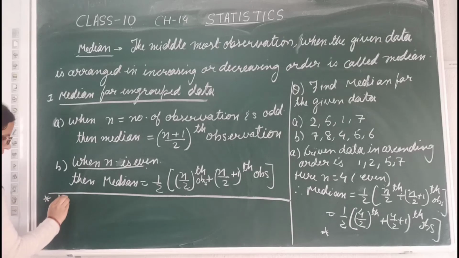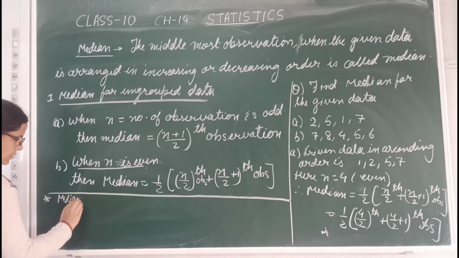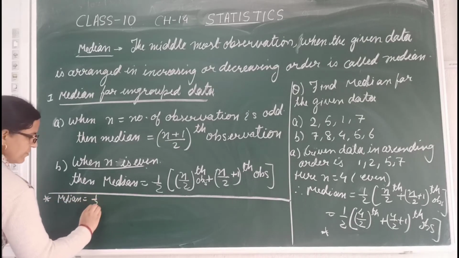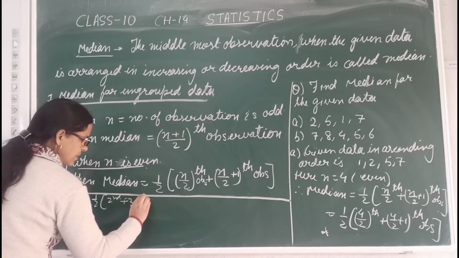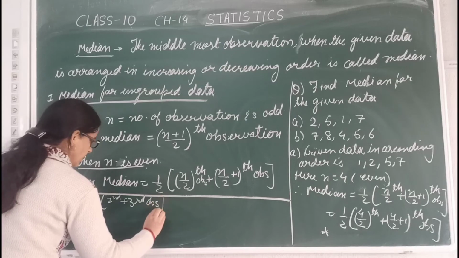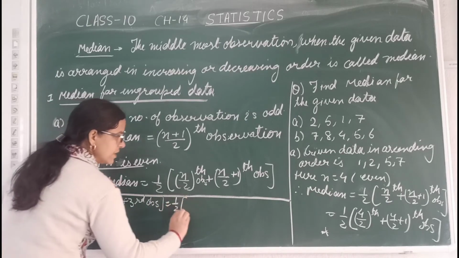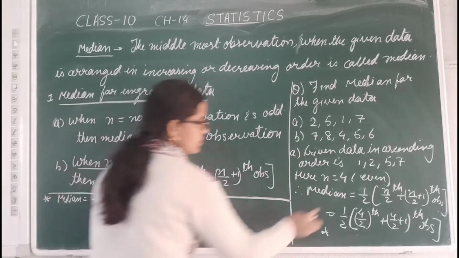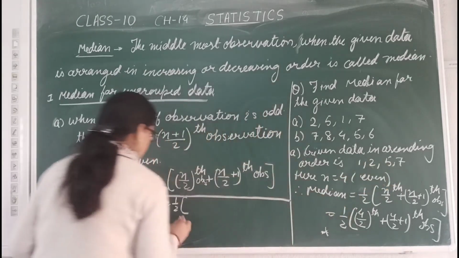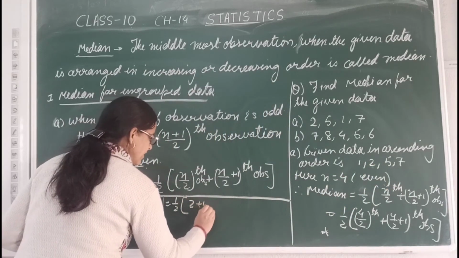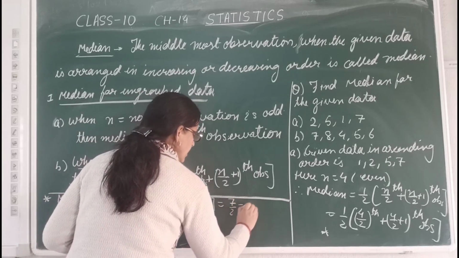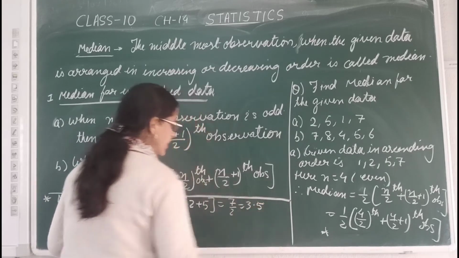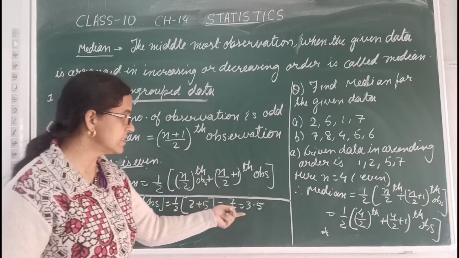Therefore median equals half of second plus third observation, equals half of, see over here, second and third, so 2 plus 5 by 2 equals 7 by 2 equals 3.5. Take care over here, median is coming as 3.5.